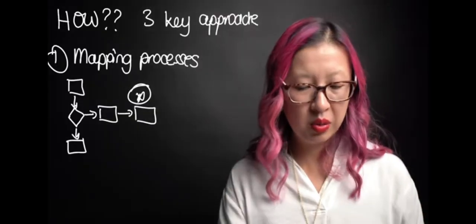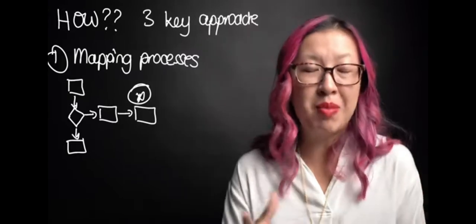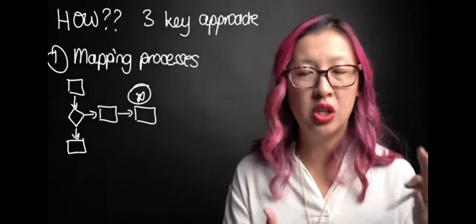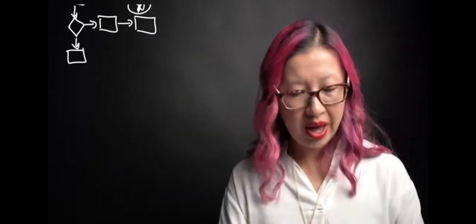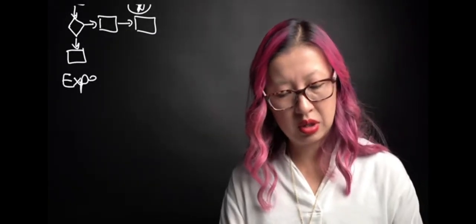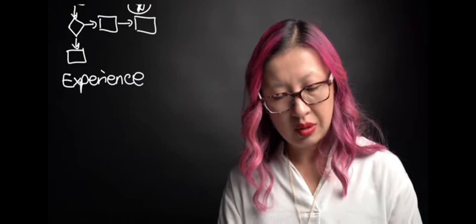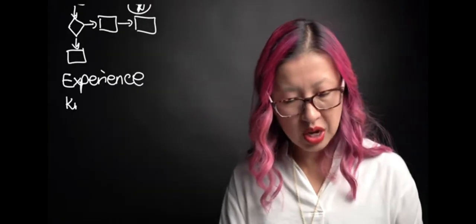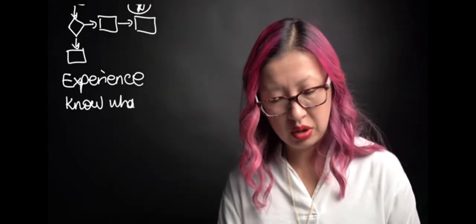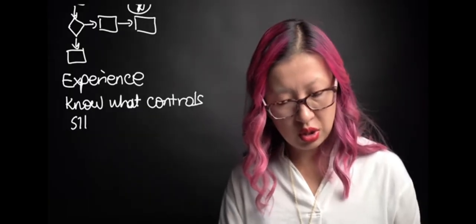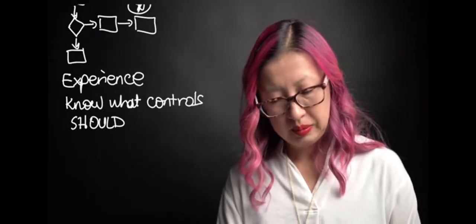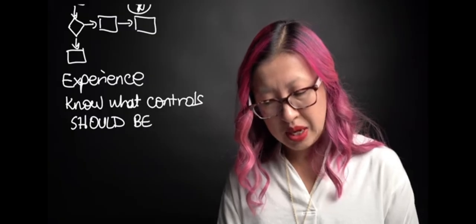Now, the idea with using this mapping process or this evaluation, looking at the process, sort of relies on that you have a whole lot of experience, all right, and that you know what to look for. So you know what controls should be in place.